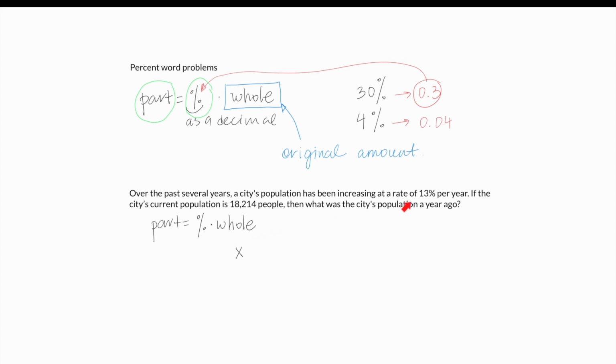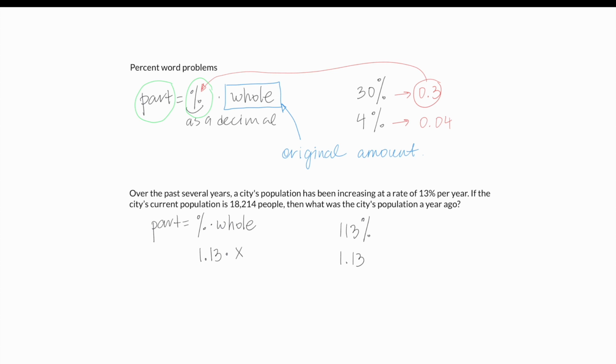And then we have the additional 13% on top of 100. So this number, the part, actually consists of the whole and then the additional 13% on top of the whole. So this percent here is going to be given as 113%, or divided by 100 and written as a decimal, it's 1.13. And that's the number that goes in place of the percent.